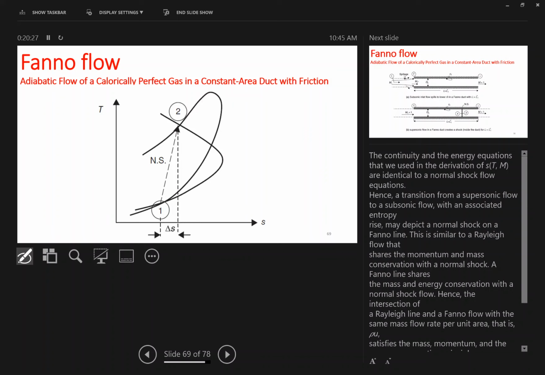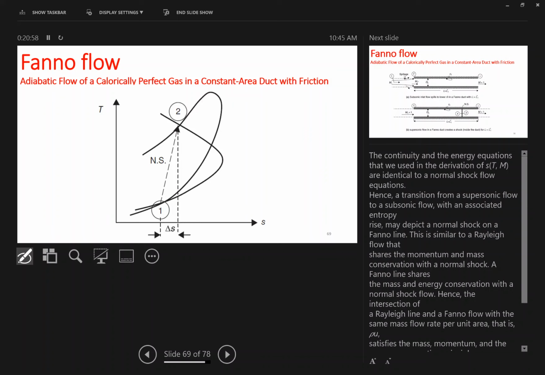That's a pretty important conclusion, because what it means is that you can replace in your analysis, if you will, or to put it in better terms, you can say that normal shock wave is pretty similar to Fano flow and Rayleigh flow, both of them, right?